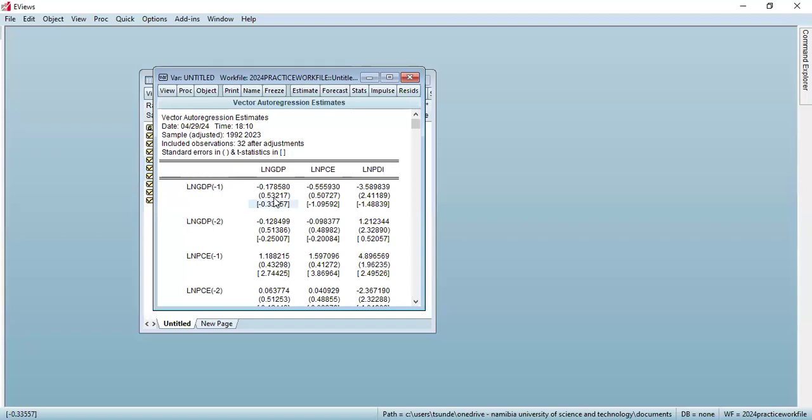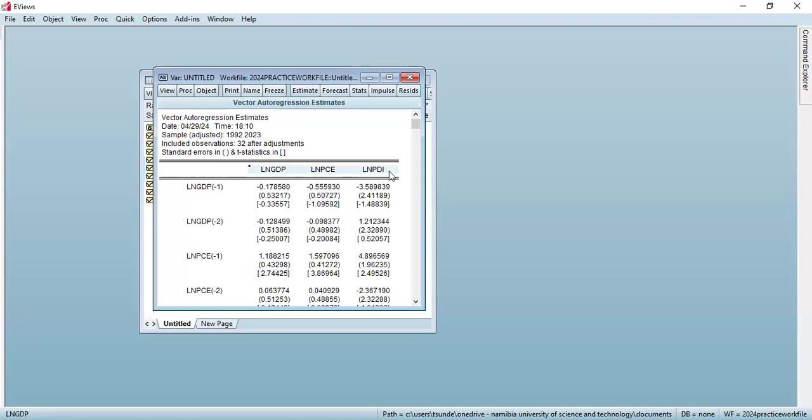So t-statistic, square brackets; standard error, round brackets; and the coefficient is the one that is not in brackets. If you go to the next variable, say at first lag, this is the coefficient, this is the standard error, and this is the t-statistic. And like I said, if the t-statistic is greater than 2, then you know that that variable is significant in explaining the dependent variable.